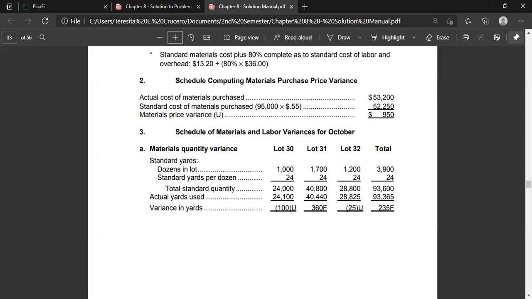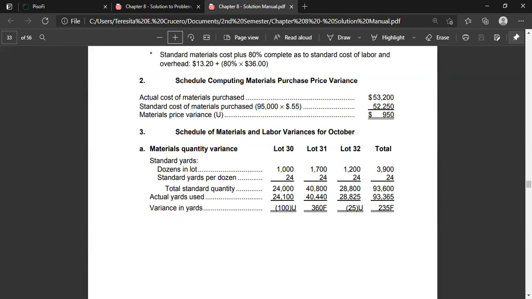For the total standard quantity of 93,600, and the actual is 93,625. So we have now the requirement for number 3, letter A, but we are dealing only with materials quantity variance in yards for number 3. So the material quantity variances are now determined.